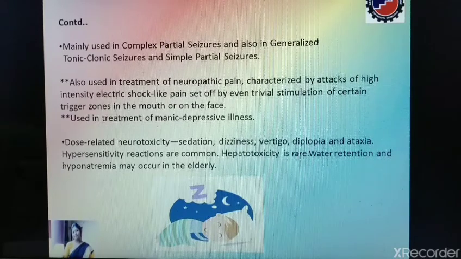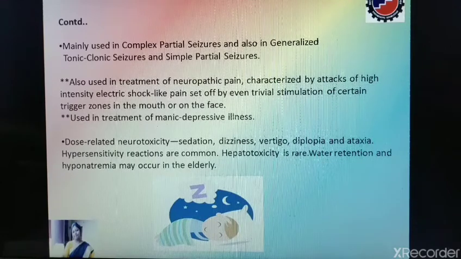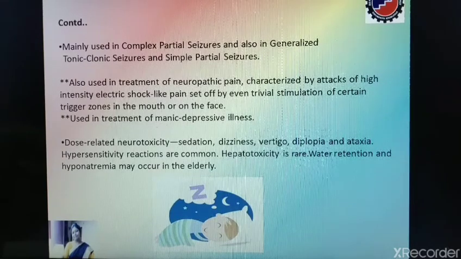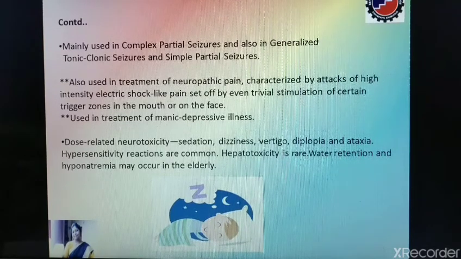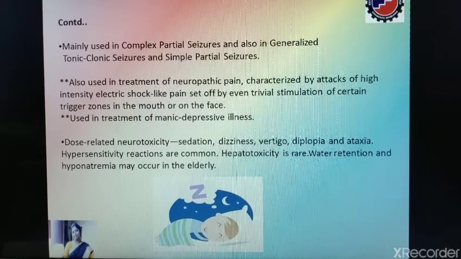There are certain dose-related neurotoxicities of carbamazepine like sedation, dizziness, vertigo, ataxia. Hypersensitivity reactions like rashes, photosensitivity are also common. Hepatotoxicity is rare but may be seen. Water retention and hyponatremia may occur in the elderly because this drug enhances the action of ADH, that is antidiuretic hormone.